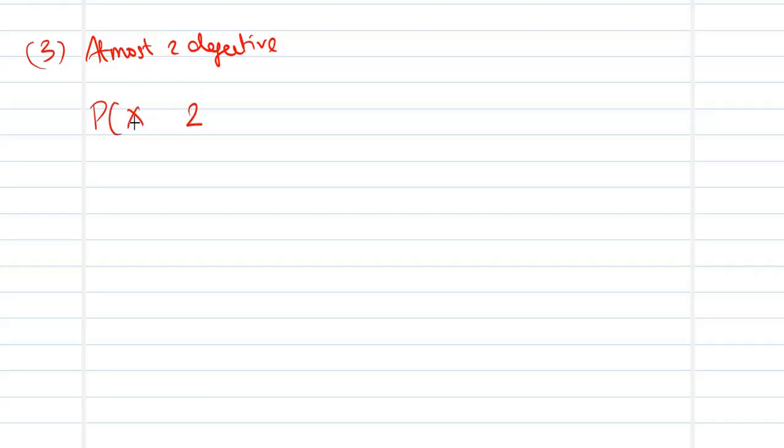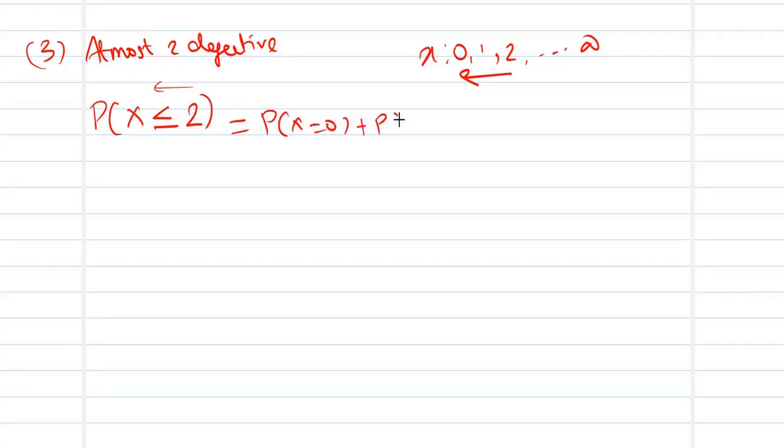So x has to take 2 as the maximum value, so it can take values less than or equal to 2. So this is the case where we will have to add all the probabilities up to 2, though x takes the value 0, 1, 2 up to infinity. So what are the numbers less than or equal to 2? The numbers are x equal to 0 plus x equal to 1 plus x equal to 2.